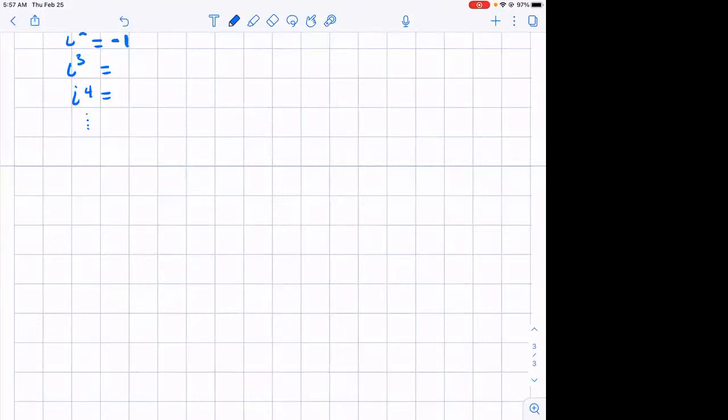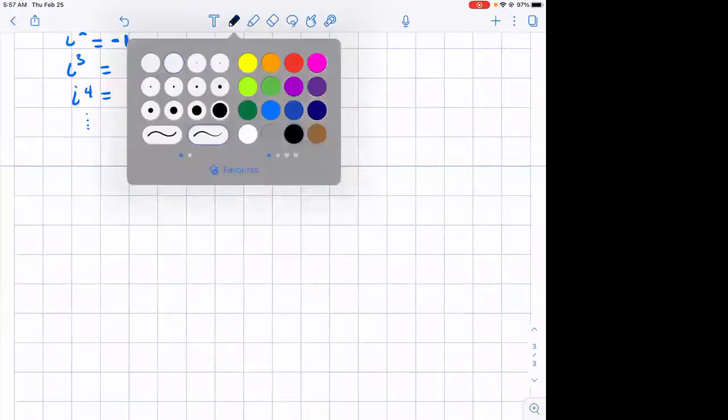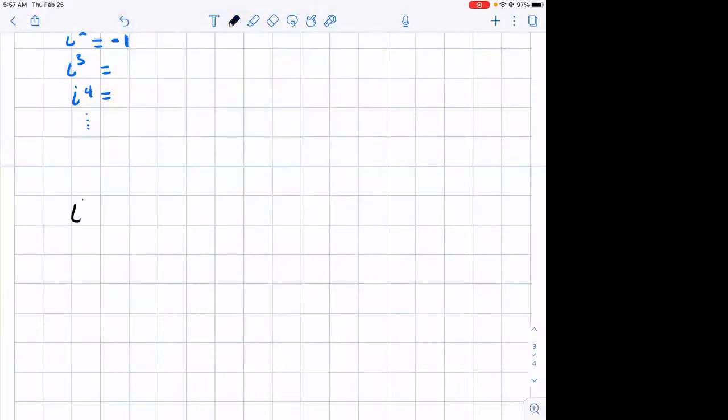If the power is odd, like i cubed, we want to rewrite this using an even and an odd power. We do that by writing i squared times i to the 1, because recall, when the base is the same, you add the powers. So 2 plus 1 becomes i to the 3rd.